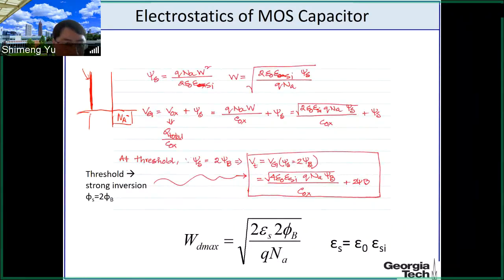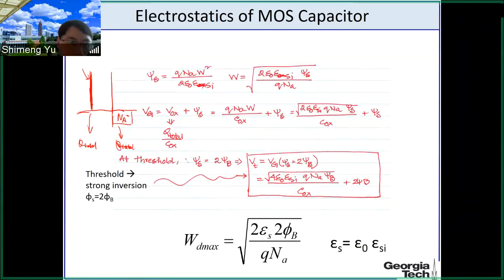So no matter what, this is the Q total. The other side will give you the other Q total. So the positive Q total will be the same as the negative Q total. And this is a capacitor structure.